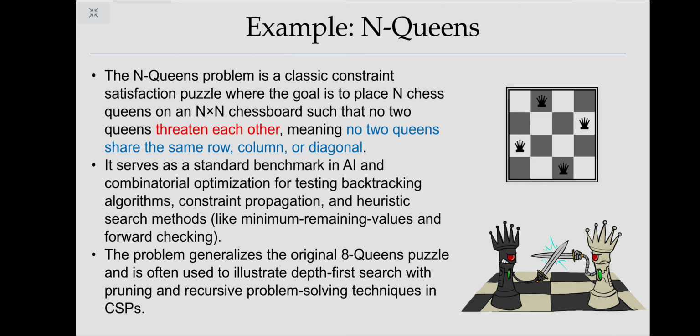We need to predict, we need to check forward. Before implementation, we check the status. This is the meaning of forward checking. We discuss it in detail. Don't worry about that.